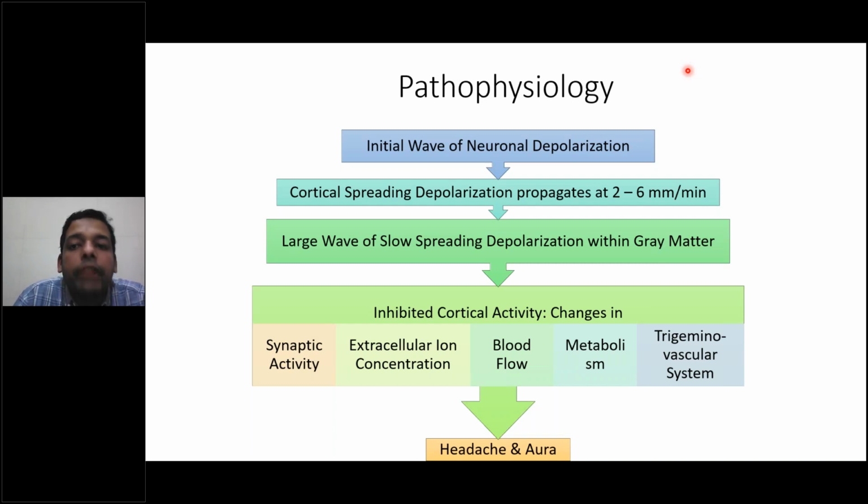And it is because of all of these changes which are manifest as headache and aura. I don't want to complicate it to the metabolic level, but this much basic understanding is good enough for us to explain as to why there is an aura and a headache in migraine.